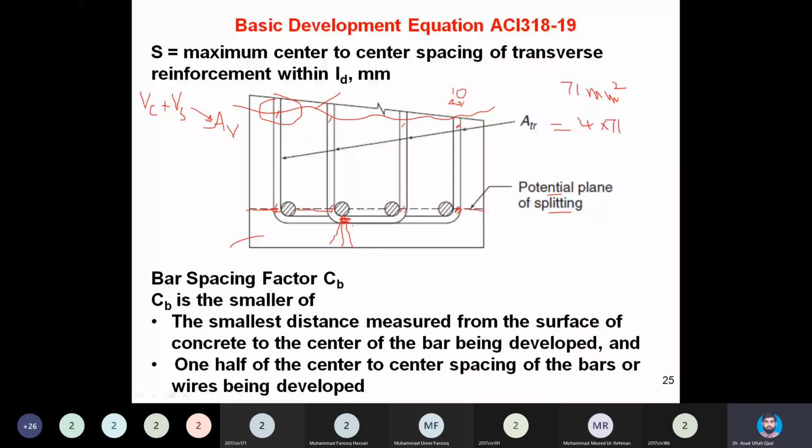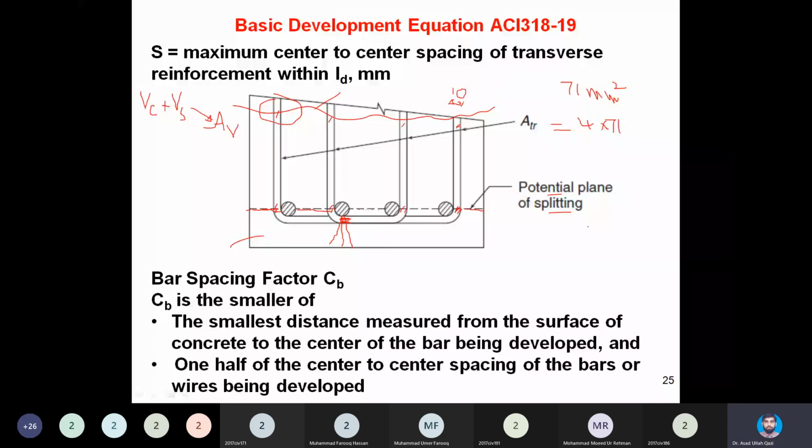So confinement is actually quite beneficial. The ties, that shear reinforcement, will play its role in also increasing the bond strength because they are preventing the opening up of the splitting cracks. So in this way, this ATR can be estimated.